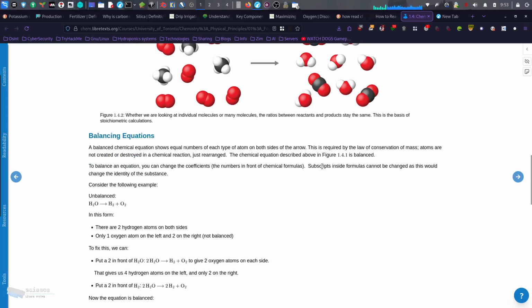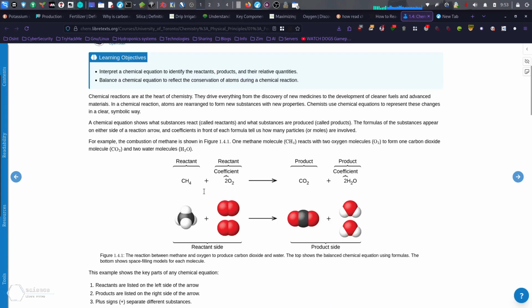It cannot be changed, as this would change the identity of the substance, the molecule. If we change this, we change our molecule.